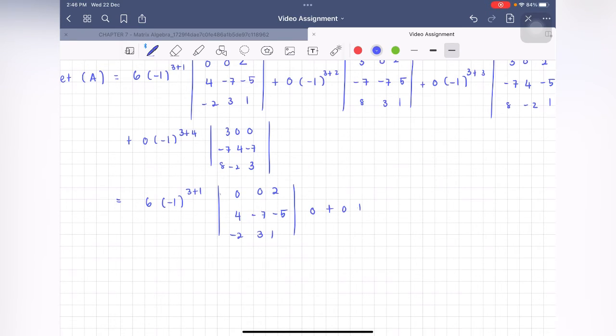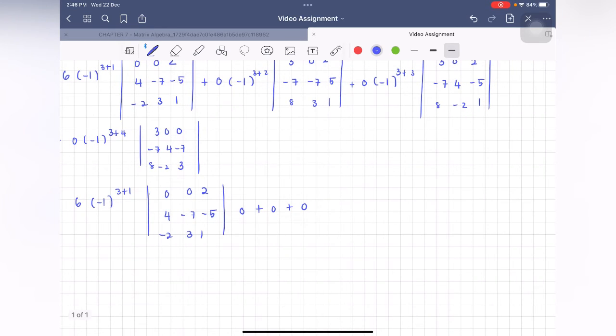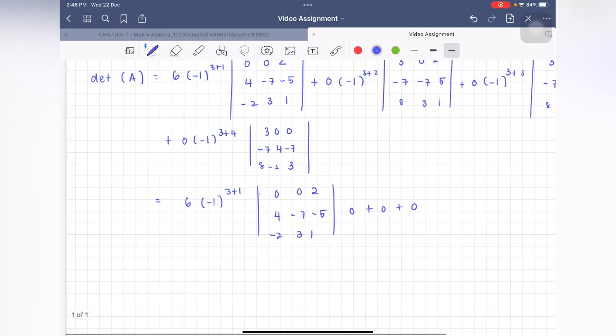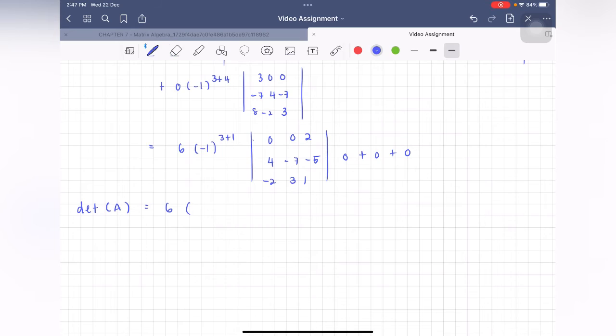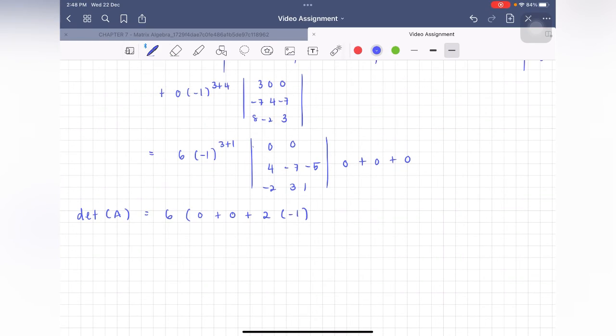Next, the determinant of matrix A is equal to, well, here we have negative 1 raised to the 4th, which would be positive 1. 6 times positive 1 is 6. So, we would have 6 times the value of this 3 by 3 determinant. Again, let's use cofactor expansion and notice how row 1 has 2 zeros.